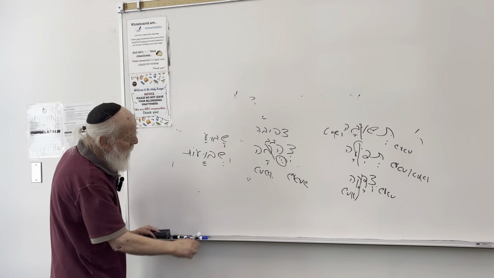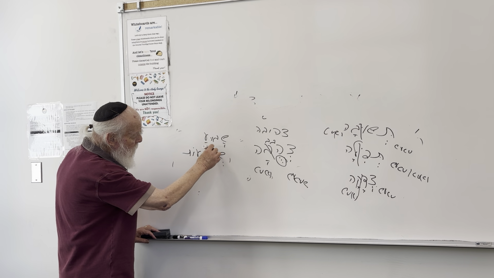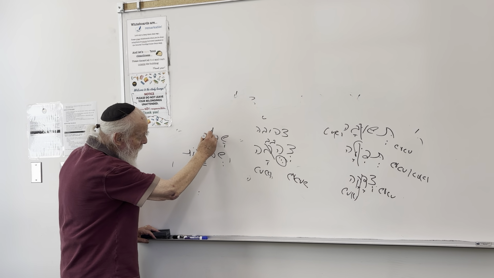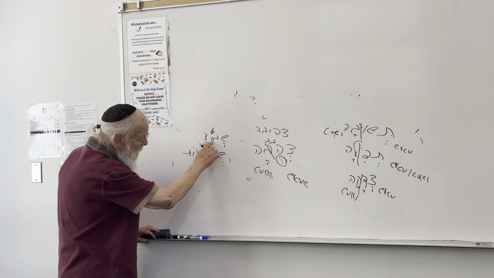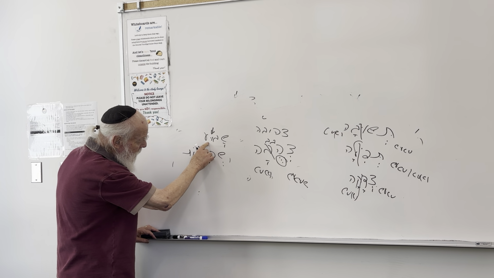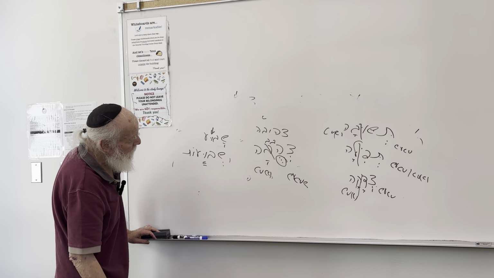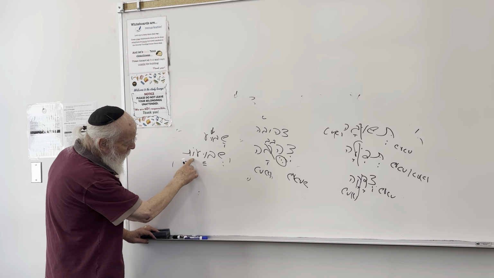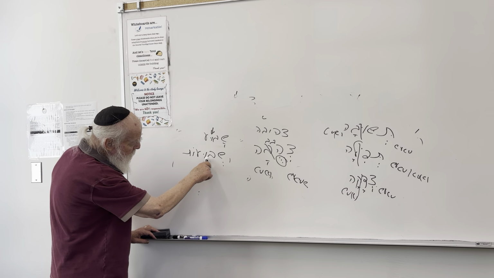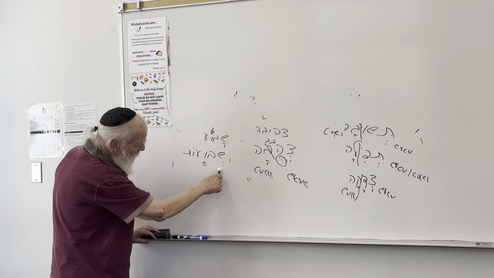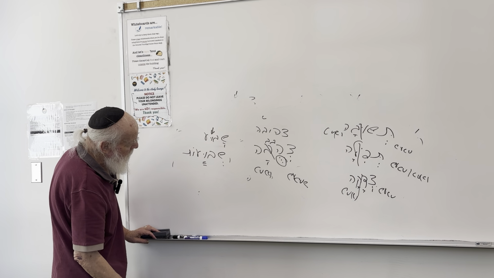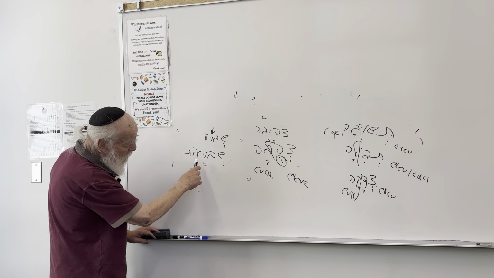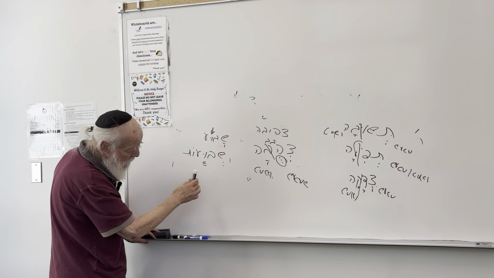Here's your medial kamatz, one place removed from the accent. The accent is on the last syllable. The last syllable is CVC. That patach is not a real vowel. And then when you add the plural marker, the ot, this kamatz is now two places removed, reduced to a shvana. The shuruk will not change. Long vowels don't lose their composition.